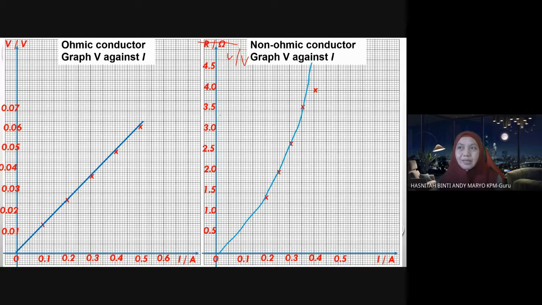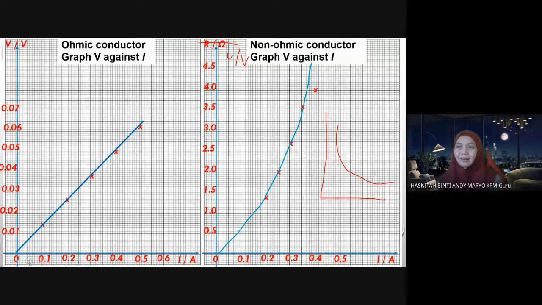For the first one, you can say the potential difference is directly proportional to the current. What does an inversely proportional graph look like? This is not inversely proportional. For inversely proportional, the graph will curve this way, the gradient is negative. This one is not inversely proportional, but V increases with I.